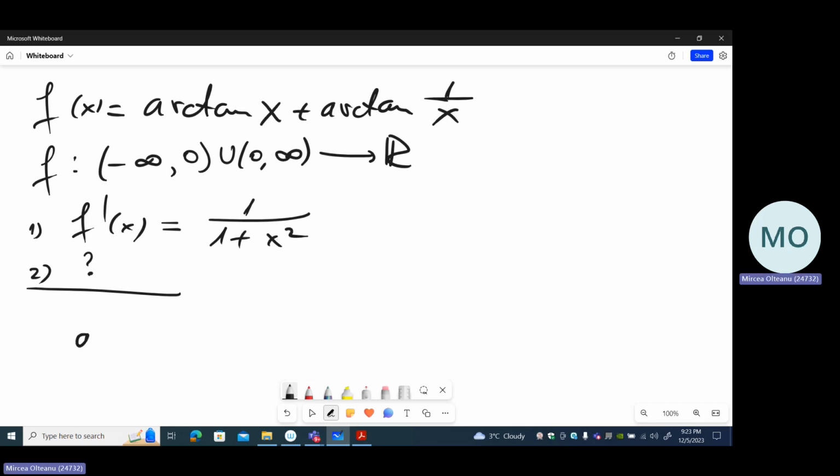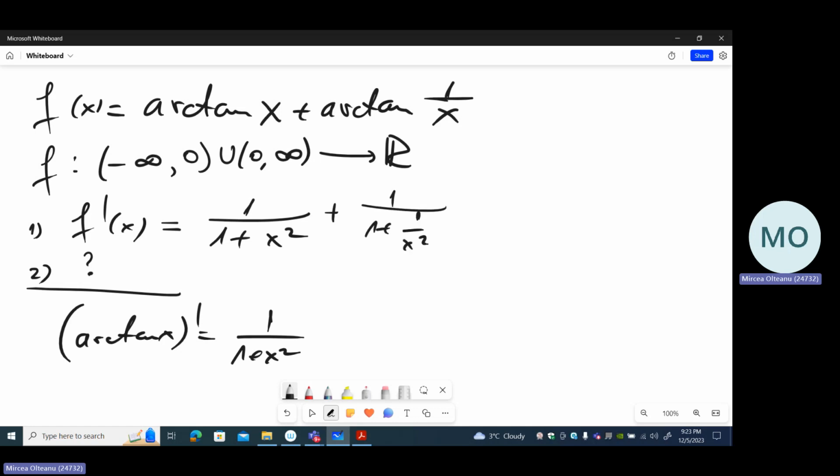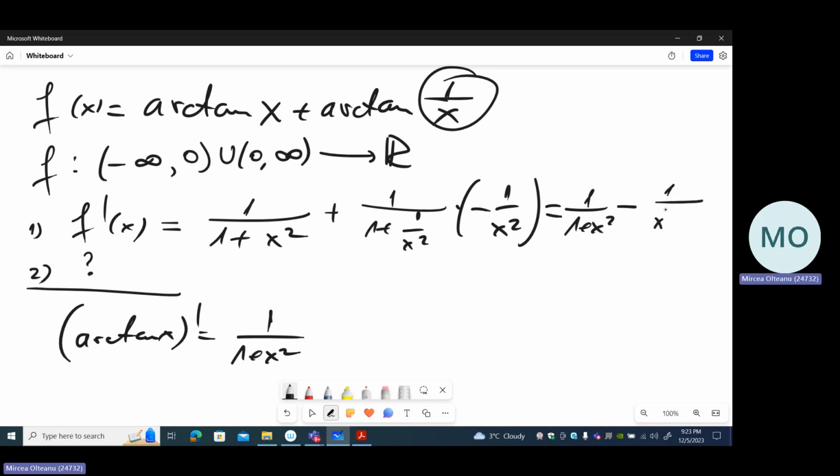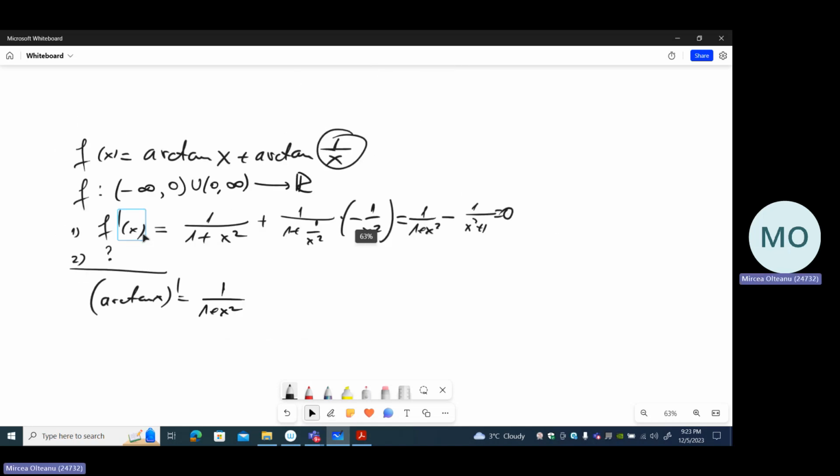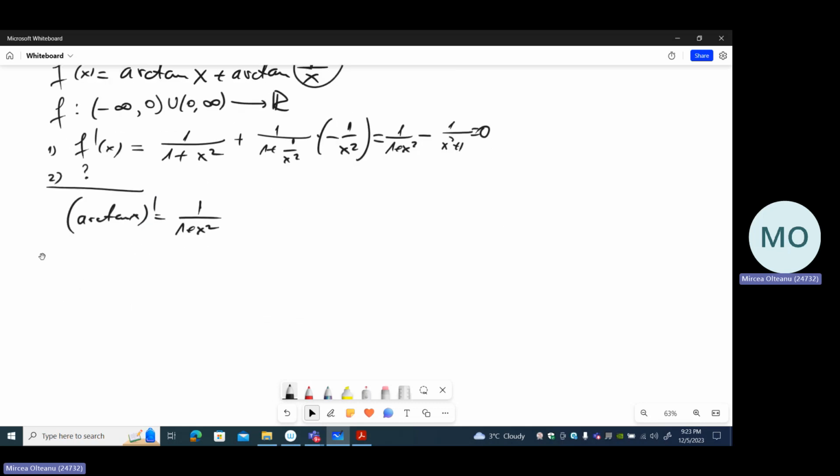Now we must know that the derivative of the arctangent function is 1 over 1 plus x squared, plus 1 over 1 plus 1 over x squared times the derivative of 1 over x, which is minus 1 over x squared. That means 1 over 1 plus x squared, and if we multiply here, we shall get minus 1 over x squared plus 1. Actually, this is 0. So, interestingly, the derivative of the function f is the constant function 0.